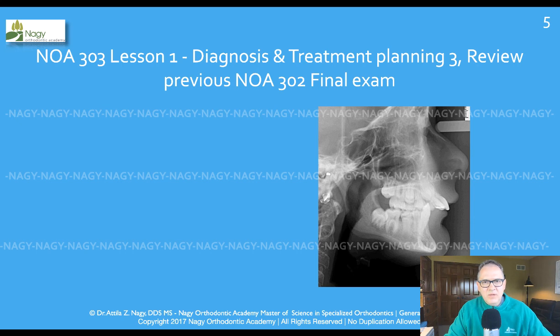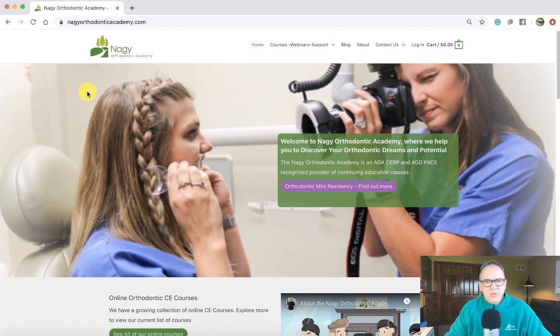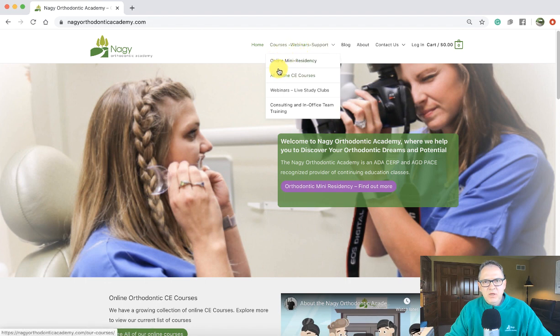Okay, so I'm going to start by looking at the PDF form first. So I'm going to show you how to get there. Okay, so the way you get to these forms is first, when you arrive on our website, you're going to go to the Mini-Residency.